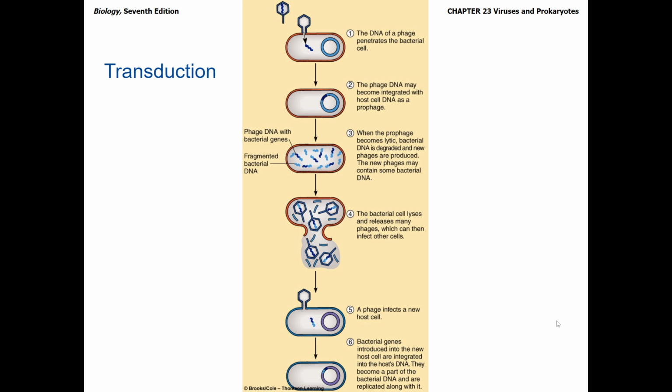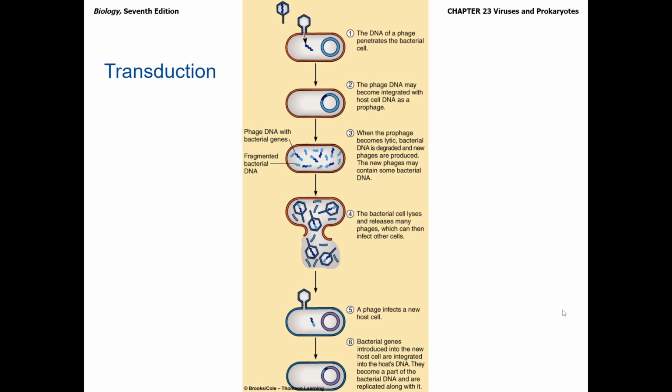Now, these processes occur in bacterial cells pretty easily. They do not occur in eukaryotic cells at the same rate, if at all, because of the complexity of eukaryotic cell DNA structure and the fact that that DNA is sequestered within a nucleus.